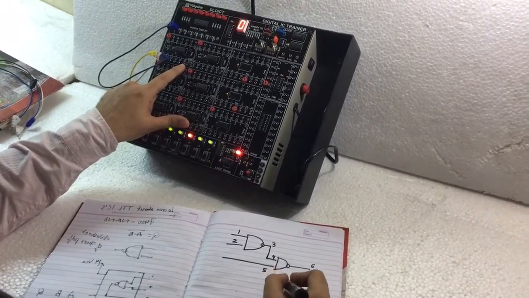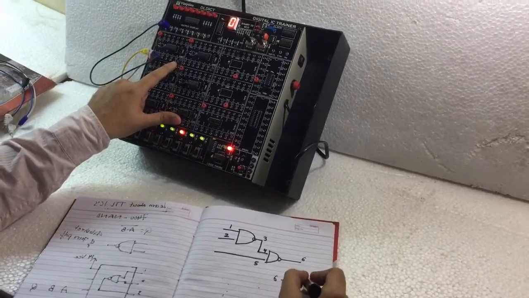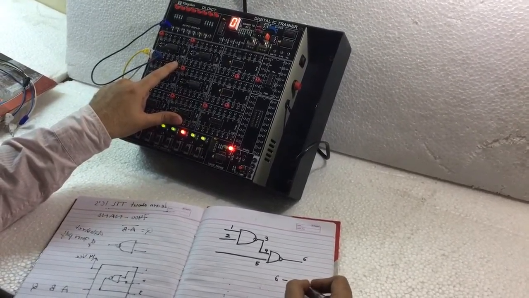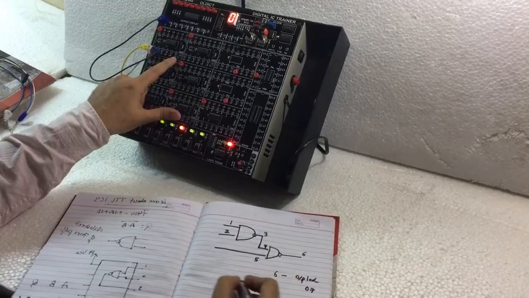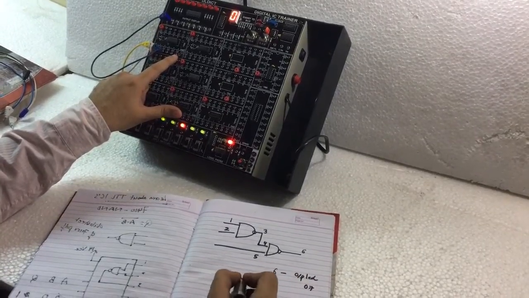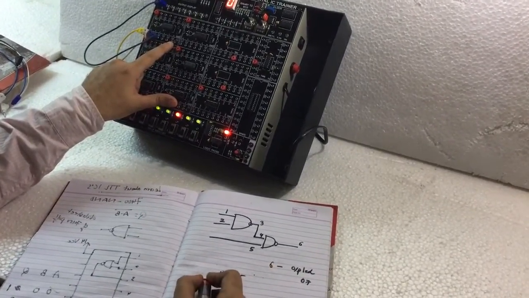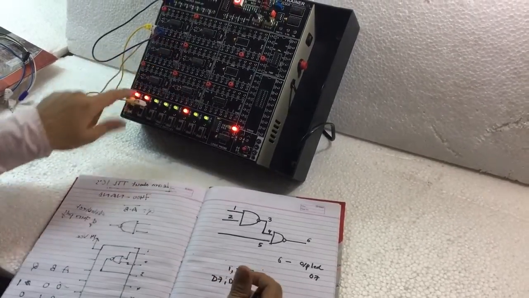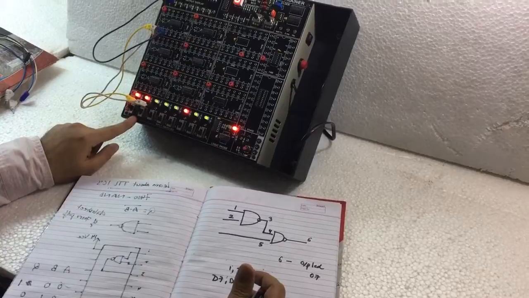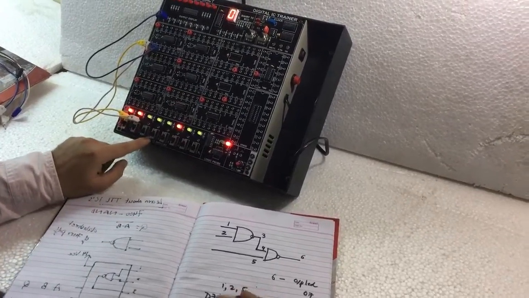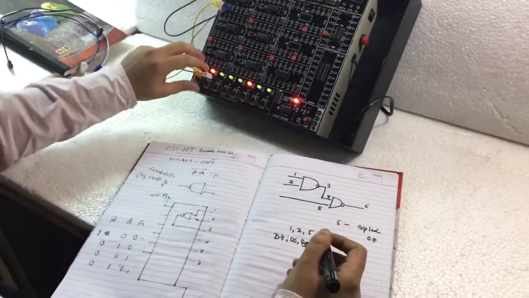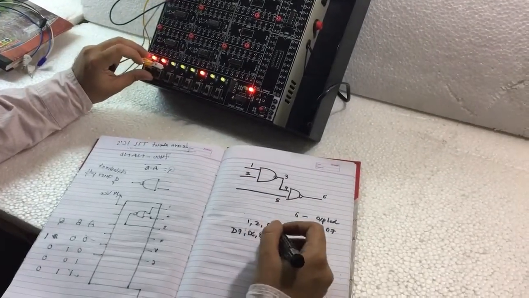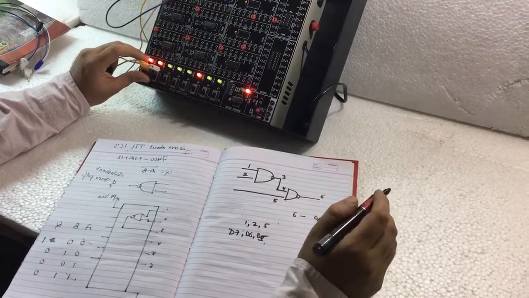So my pin number 6 will go to the output LED, that is O7. Pins 1, 2, 5 will go to D7, D6, D0, which are the inputs. As you can see here, D7, D6, D5. Based on my input, my output will come out.